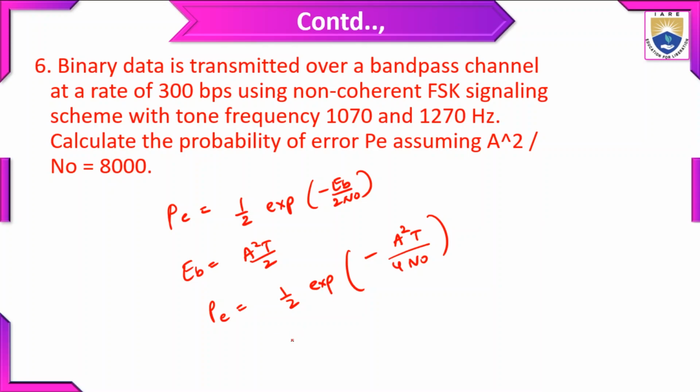And what is the given bit rate? 300 bps. So T is equal to 1 by Rb, that is 1 by 300. So that is going to be substituted. In this problem they have given the T value and the N naught value. A square by N naught, they have given directly as 8000, so that you can use.